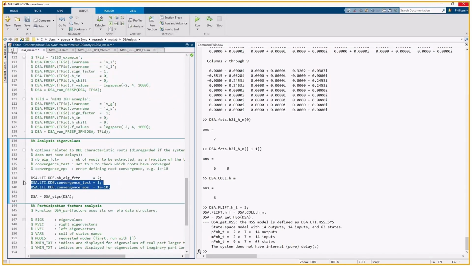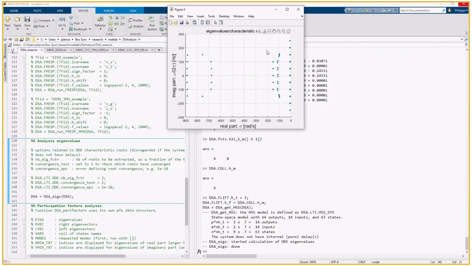This is not a delayed system, so I can comment these lines related to delay differential equations and just run this DSA X, which will run itself the eigenvalue calculation of the famous round A minus round N characteristics of harmonic state space systems. I run this one and I get the eigenvalues of the harmonic state space representation of the single phase MMC.